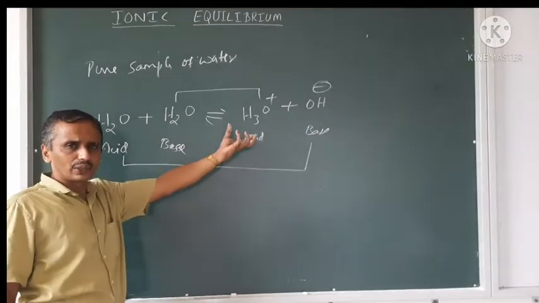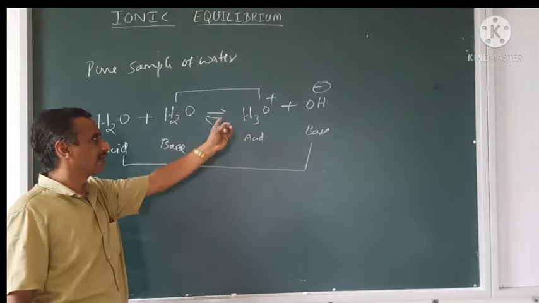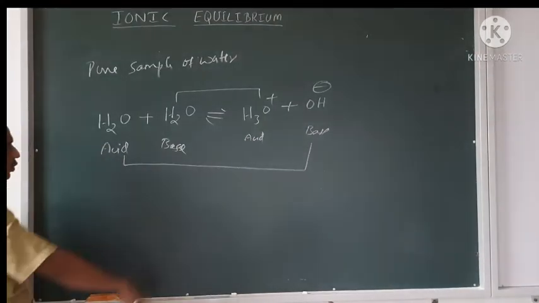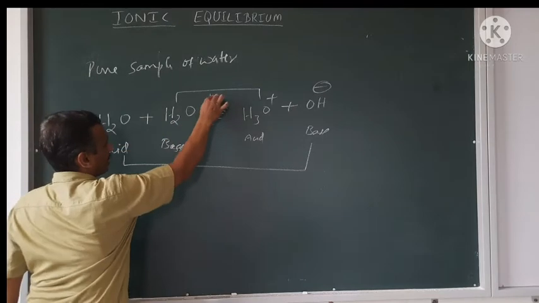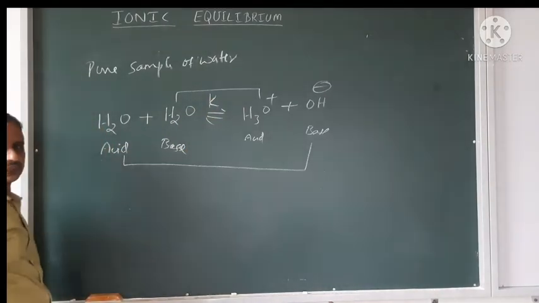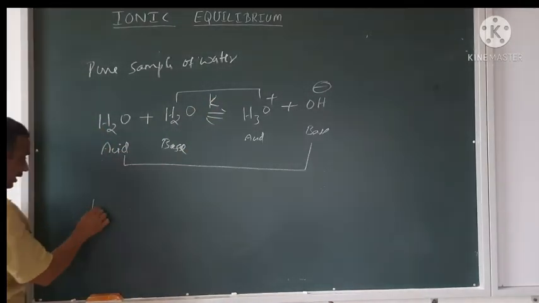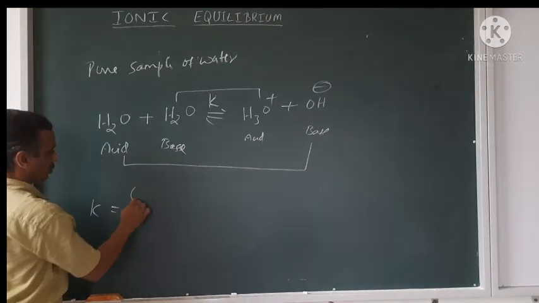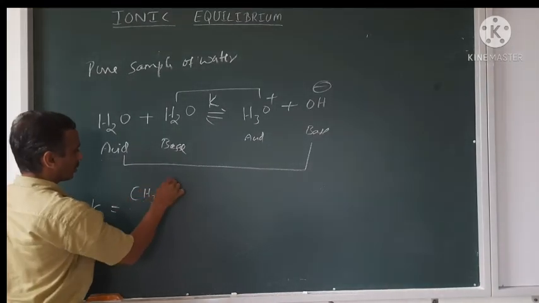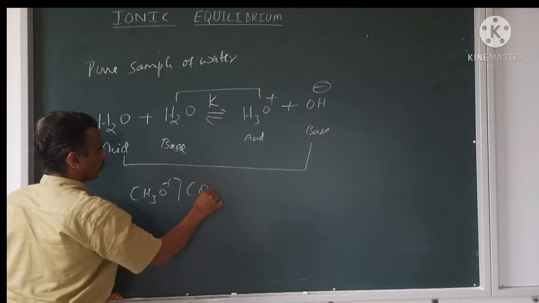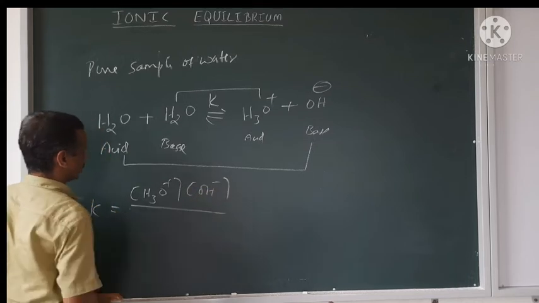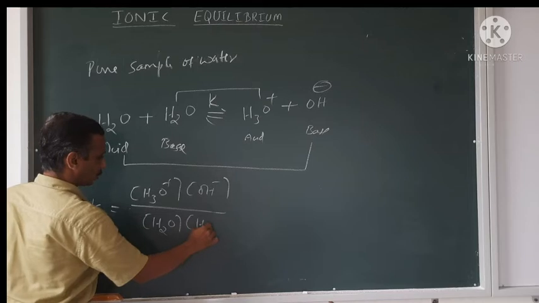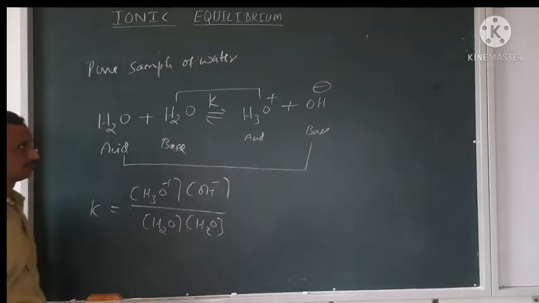Therefore, the ionization is reversible and there exists an equilibrium. So, for this, I will write K as the equilibrium constant. So now I can write K is equal to H3O plus concentration into OH minus concentration divided by H2O concentration into H2O concentration.